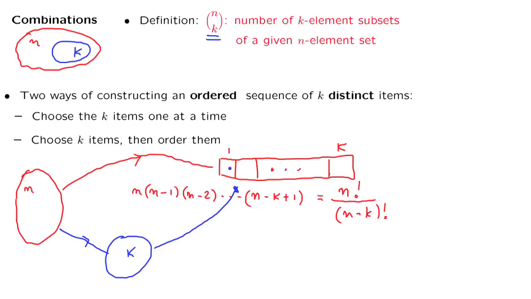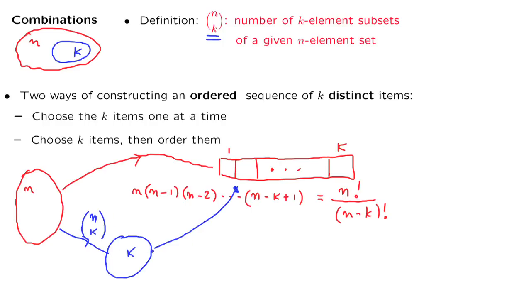So we construct our ordered list in two stages. In the first stage, how many choices do we have? That's the number of subsets with k elements out of the original set. This number, we don't know what it is, that's what we're trying to calculate, but we have a symbol for it. It's n choose k.